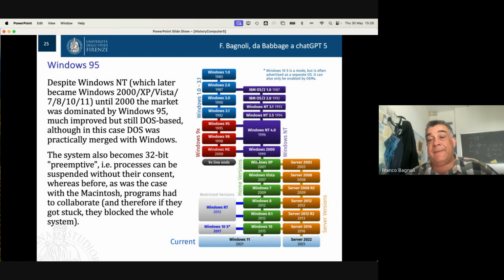Preemptive means that the right to run can be taken from any process at any time, without the need of alerting the process, even though the process has blocked. And clearly this uses a lot more memory. For instance, the Macintosh operating system, which was cooperative multitasking, was extremely well done.